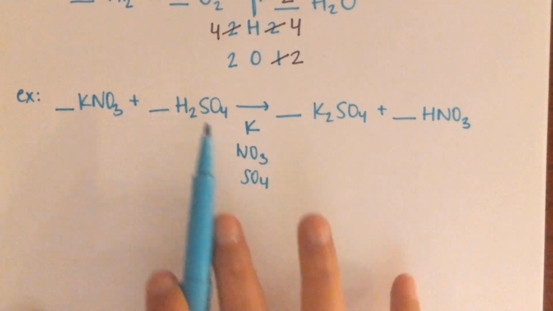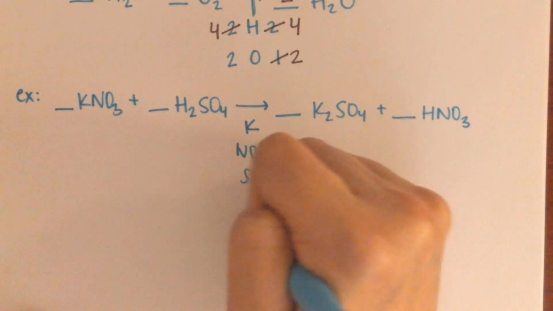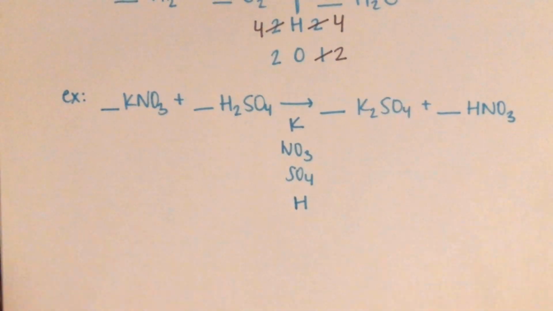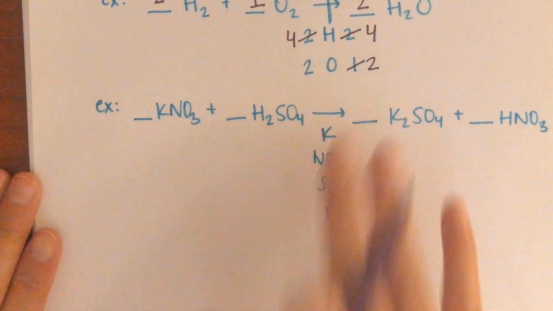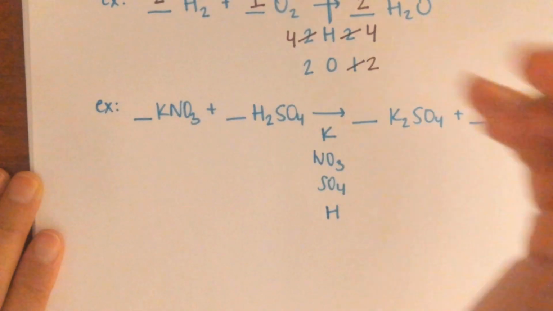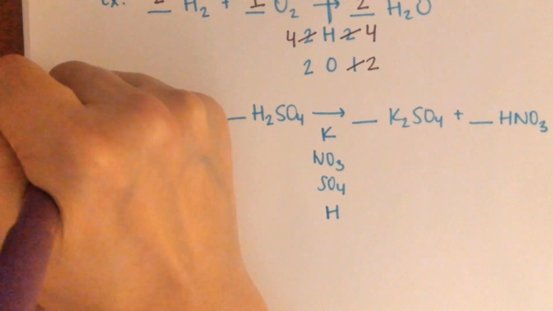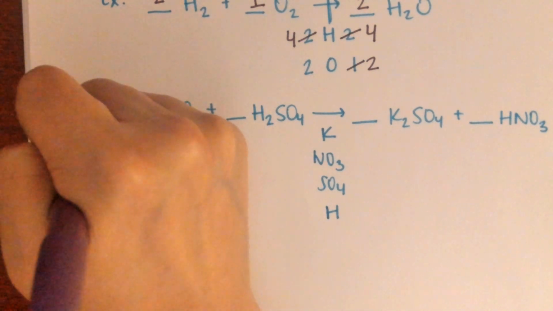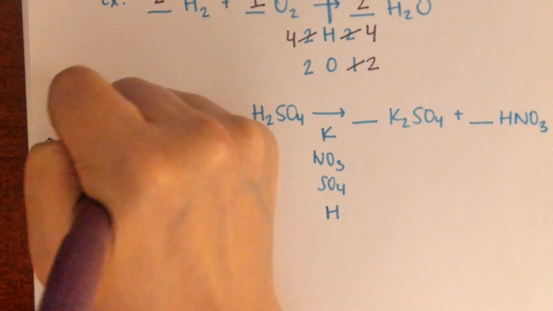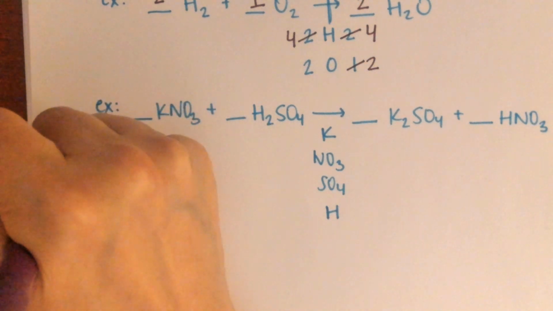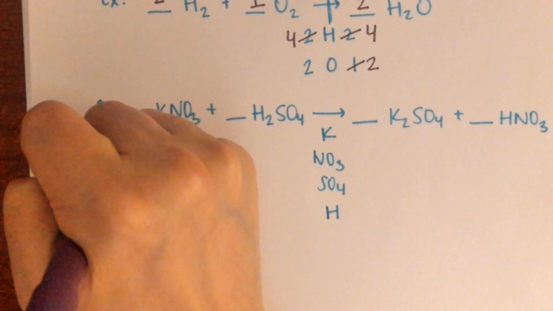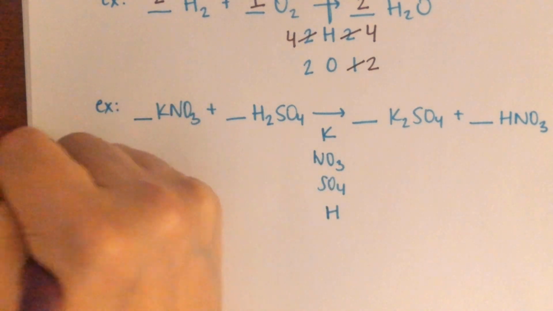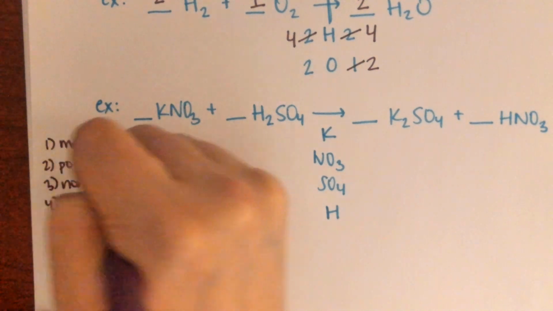And then last but not least, I have hydrogens left. So I'm actually going to add this little special note. A good order to do inventory, whichever applies to your reaction, is metals, and then your polyatomics, and then your nonmetals, then your oxygen and hydrogen last.